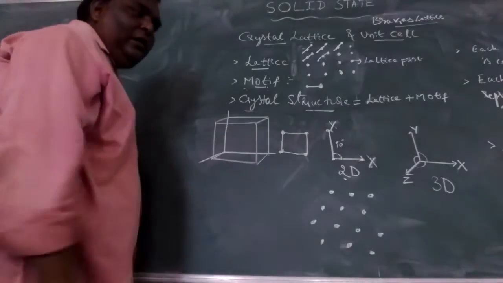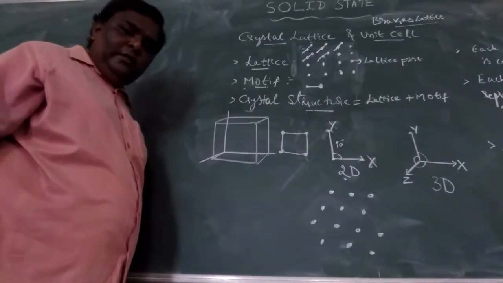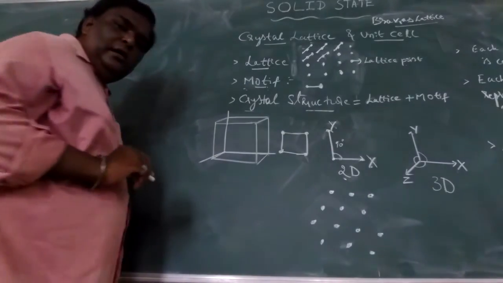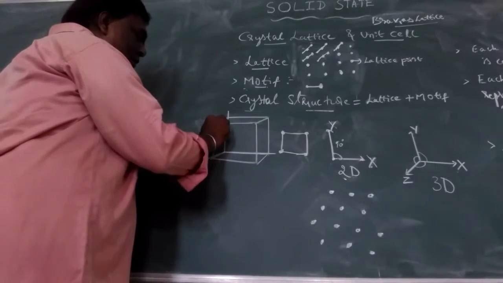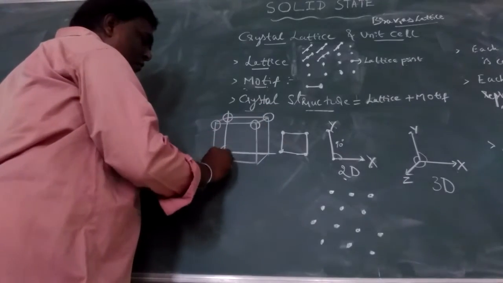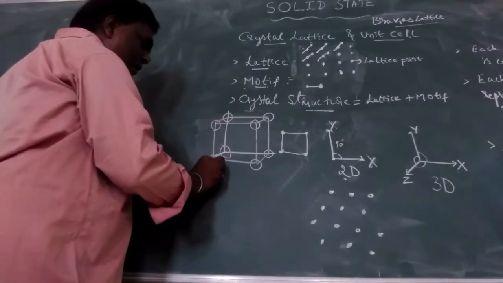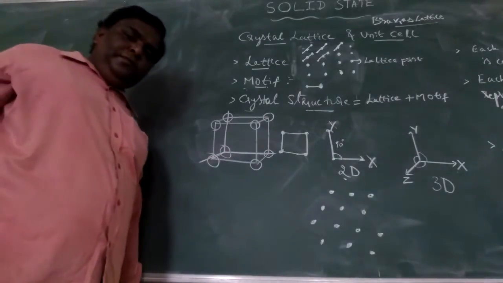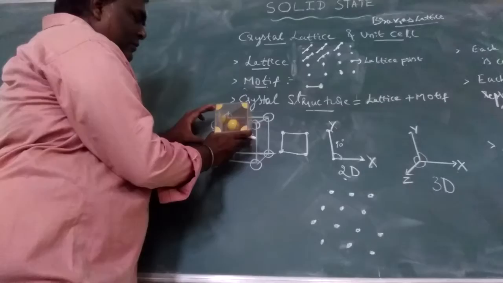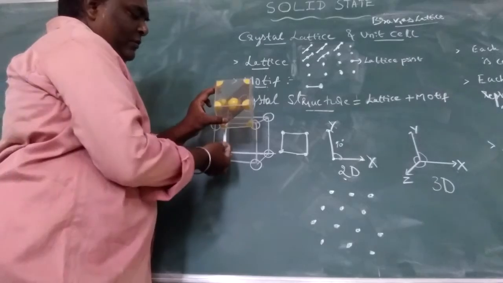So this is a three-dimensional structure. Totally 8 lattice points are present in a cubic crystal. See the 8 lattice points: 1, 2, 3, 4, 5, 6, 7 and 8. Assume the front side 1, 2, and the back side 3, 4, 5, 6.